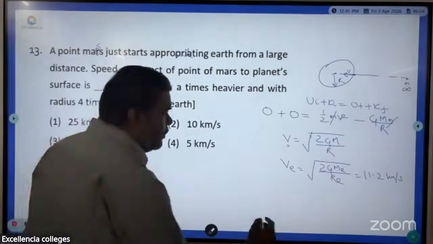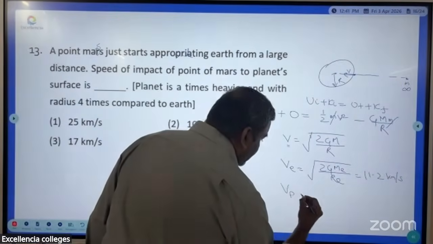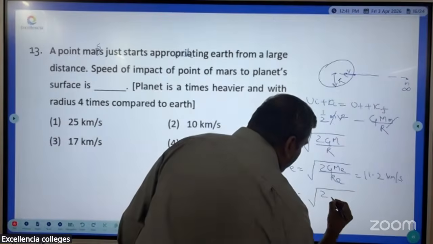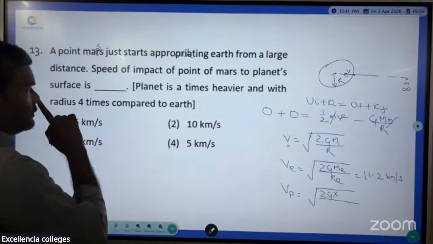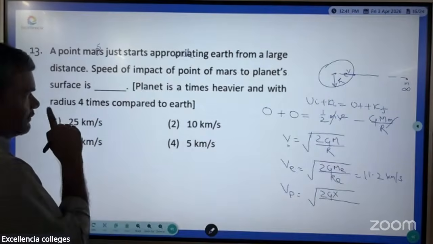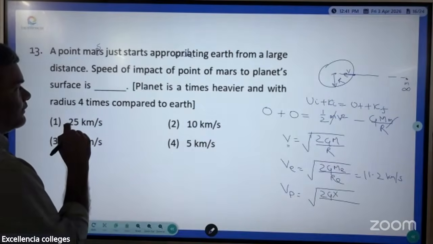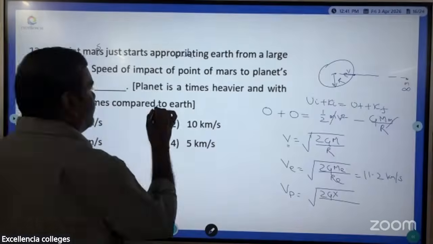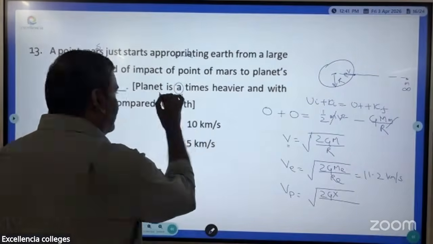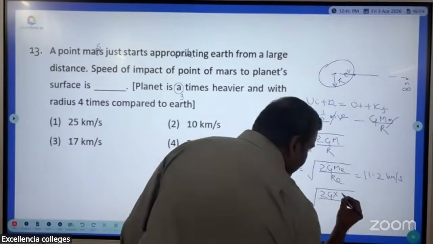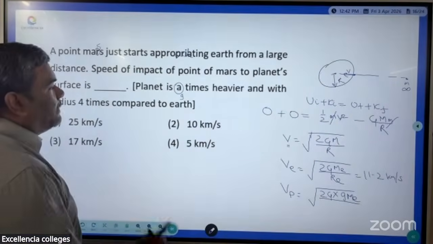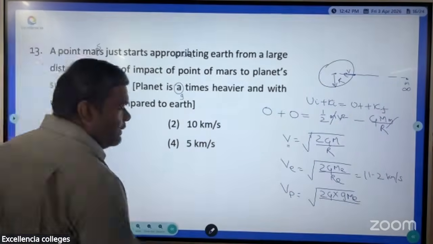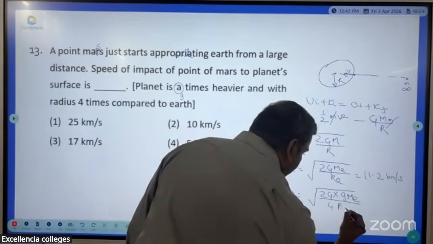And velocity on the planet is going to become root of 2G into mass of the planet. So planet is 8 times heavier. Okay. इसको 9 कर देते हैं. So it will be 9 mass of Earth by radius of the planet. Radius is 4 times, so इसको कर देते हैं 4 times radius of the Earth.